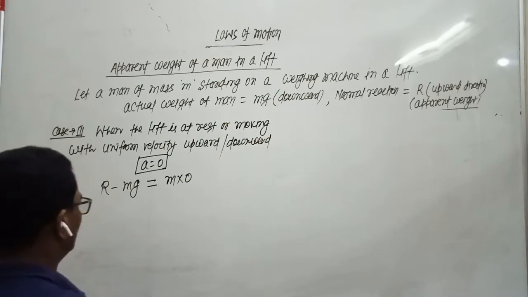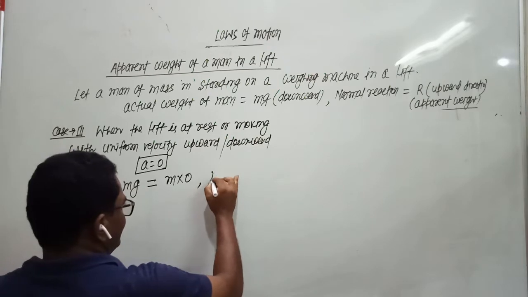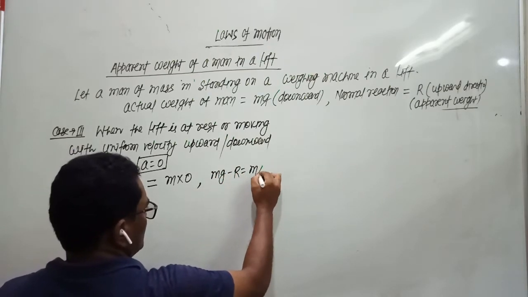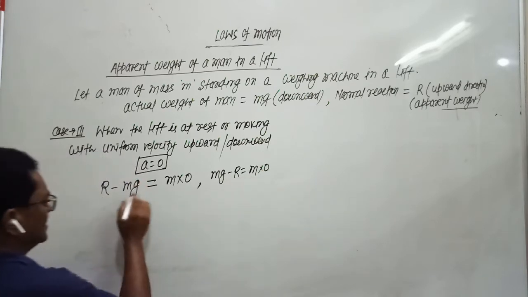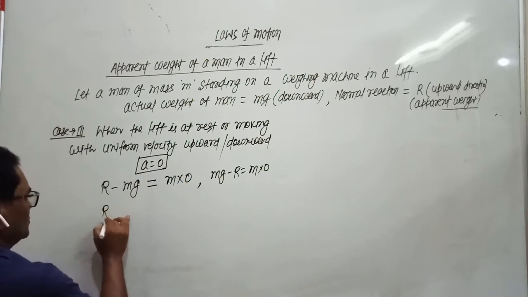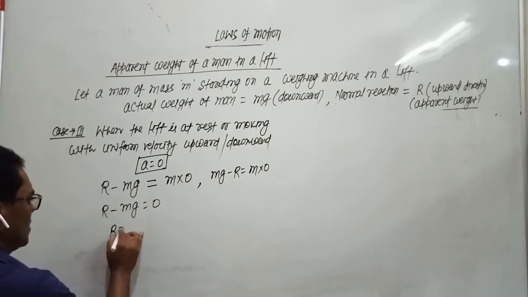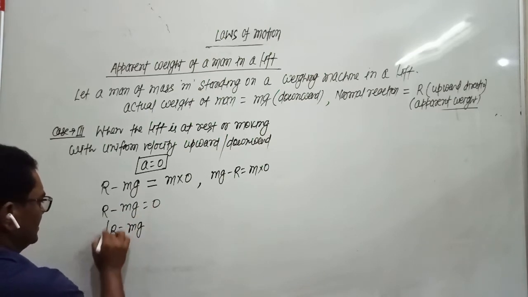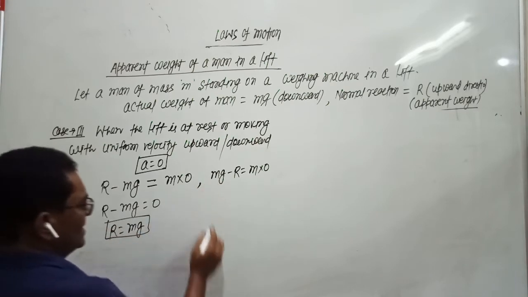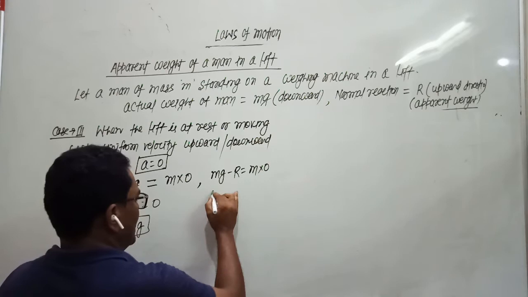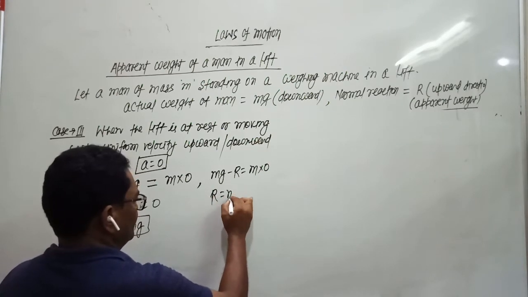And when the lift is coming in the downward direction, then mg minus R equals ma, so m into 0 in both the cases becomes 0. So R minus mg equals 0, and we get the value of R equals mg. When the lift is going downward, again this term becomes 0 and R will be equal to mg.